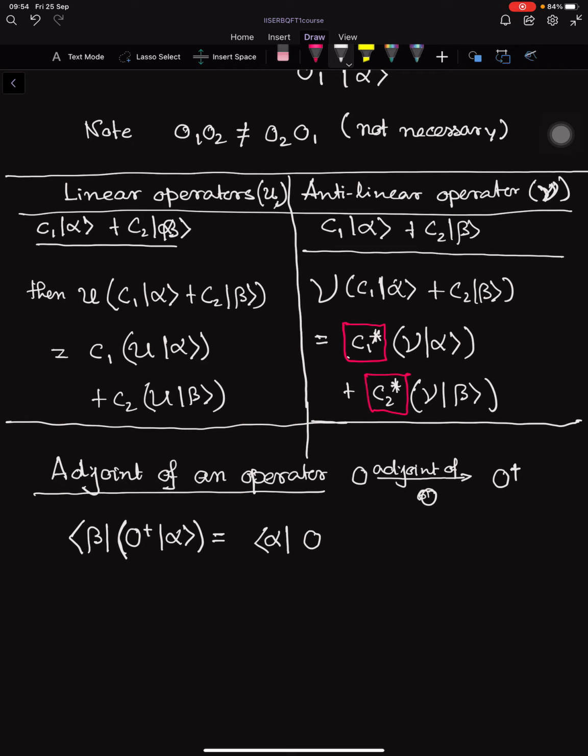Up to this point we haven't defined any action on the kets, so we have to remember it. So this is the definition.